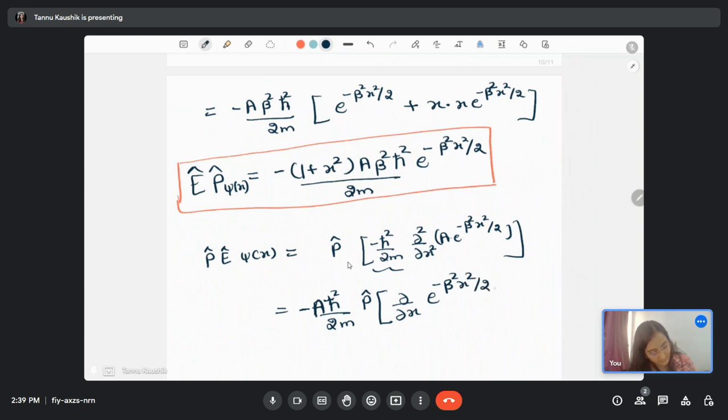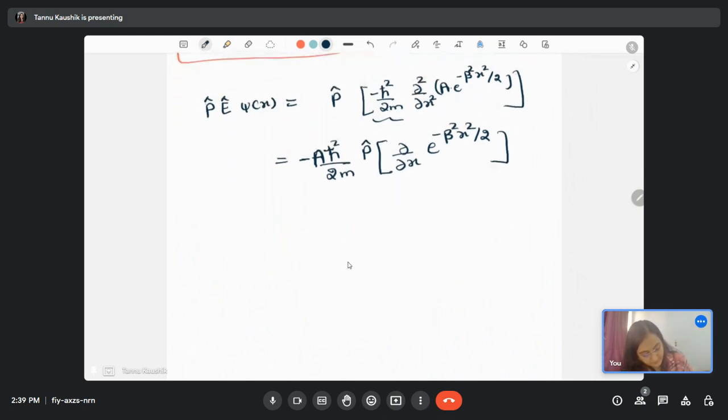What will we get? We will get del by del x of e raised to minus beta square x square by 2.